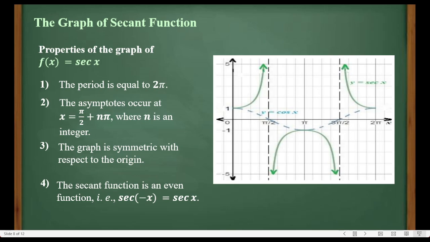If it is positive, it is still positive, no matter how we replace x with negative x. If we simplify, the result will not change its sign.